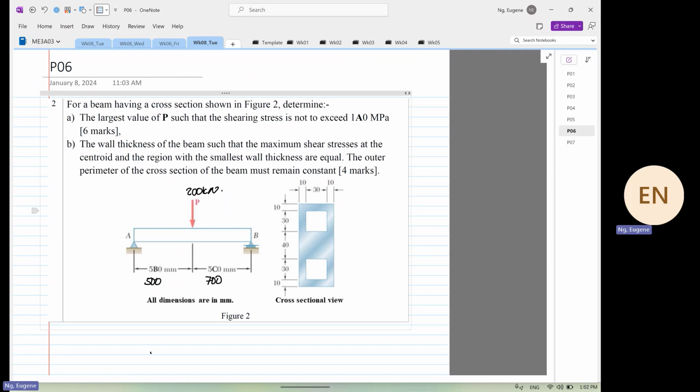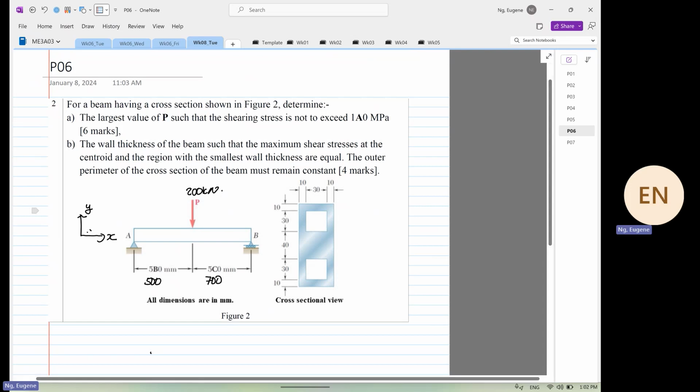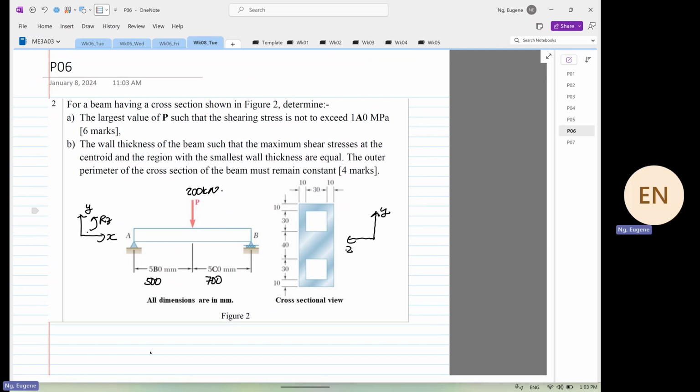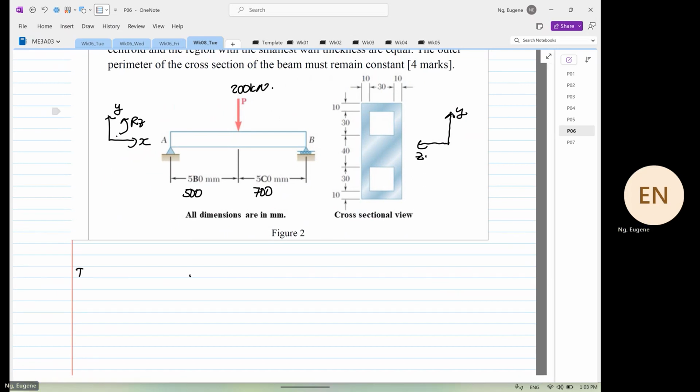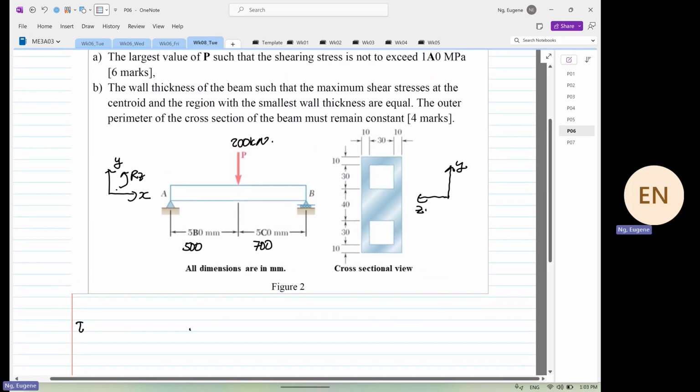So what you see on this cross section, right? If we draw our transformation, this is our X, this is our Y, this is a rotation about Z. And if we look at the cross section, this is going to be our Y and this is going to be our Z. Okay. The first thing we ask ourselves is the formula that we are going to apply, which is the shear stress. Oh, that's not 200. I do apologize.